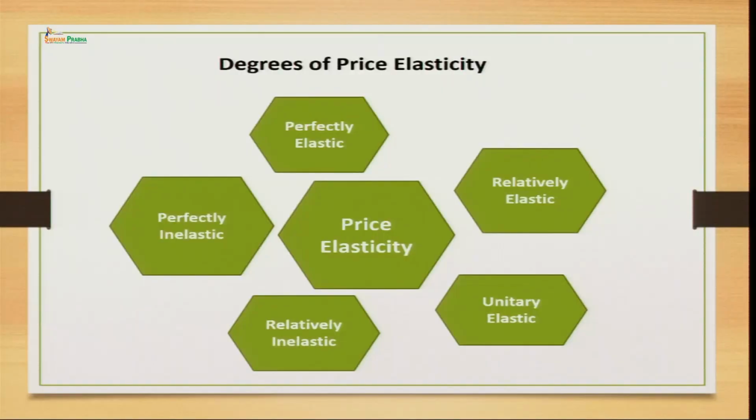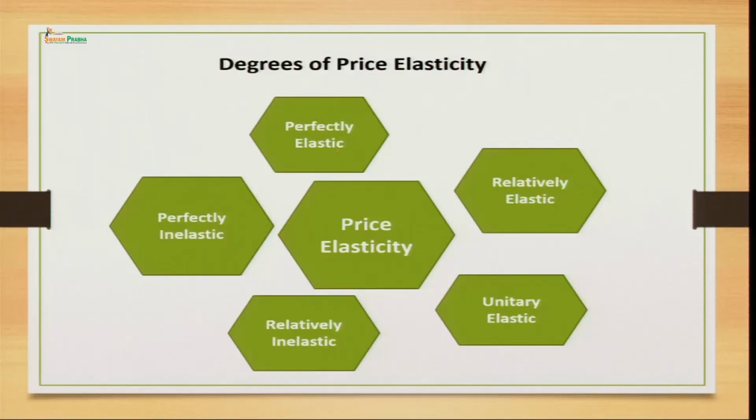Now, let us look at the degrees of price elasticity, right. Price elasticities are further divided into 5 types, because there are different types of commodities available, and these commodities have different impacts of prices, right. So, here we have classified the degrees of price elasticities into 5 types.